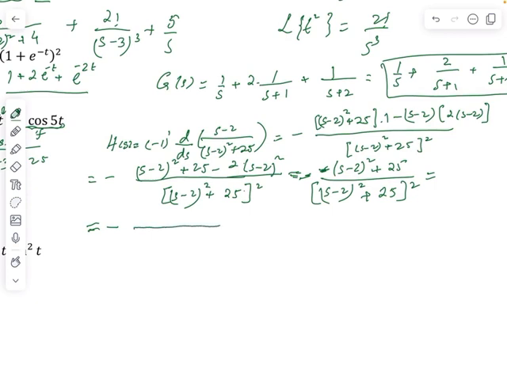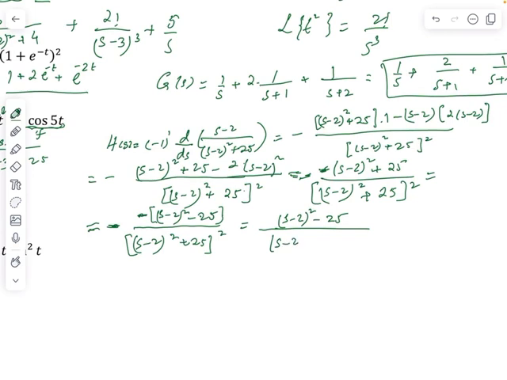Then at the top we have negative of ((s minus 2) whole squared minus 25). And at the bottom ((s minus 2) whole squared plus 25) whole squared. Now this negative sign and this negative sign make it positive, so the final answer will be ((s minus 2) whole squared minus 25) at the top and ((s minus 2) whole squared plus 25) whole squared at the bottom. So this is the final answer.